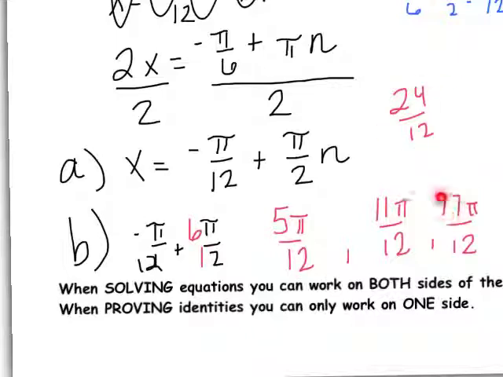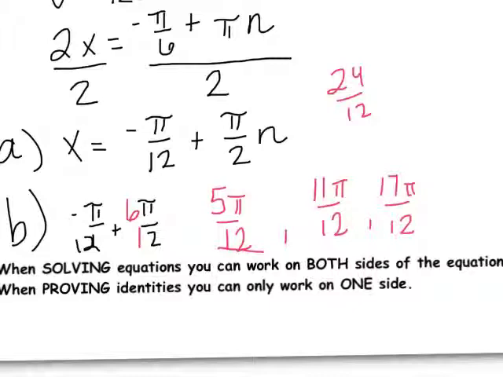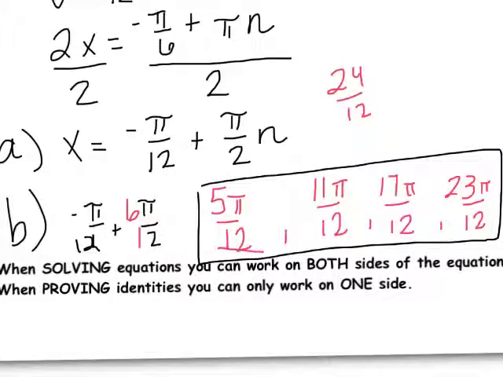So 17 plus 6 is 23. So that's actually quite fine to do one last time. And I would get to 23 pi over 12. Okay, so this one has 1, 2, 3, 4 solutions that are greater than 0 but less than 2 pi, because 2 pi was 24 pi over 12.